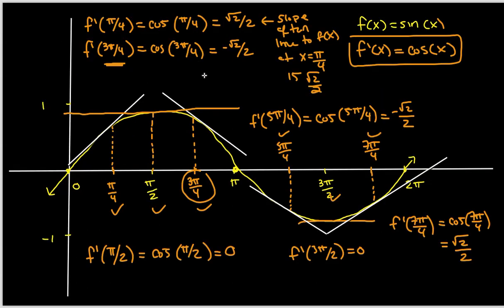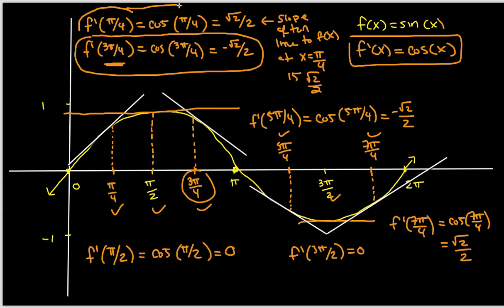So, for instance, in this case, when we found out that f prime of 3 pi over 4 was negative, we can see that we have a negative slope on that tangent line at that point. Similarly, when we had f prime of something and it turned out to be positive, we saw that it was a positive slope on the line tangent to f at pi over 4.